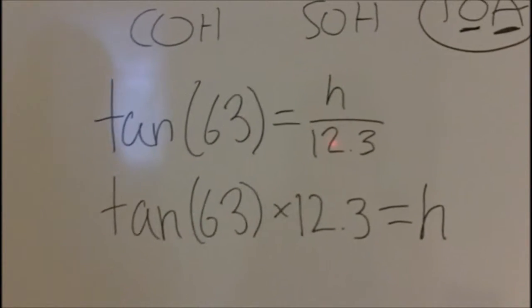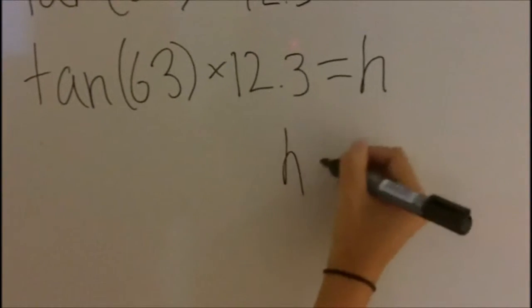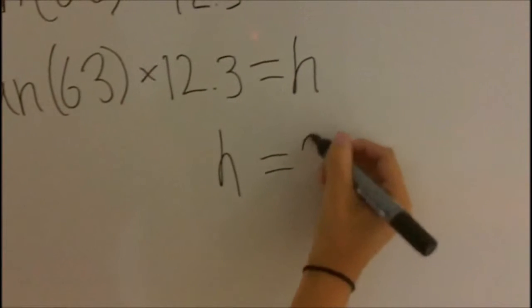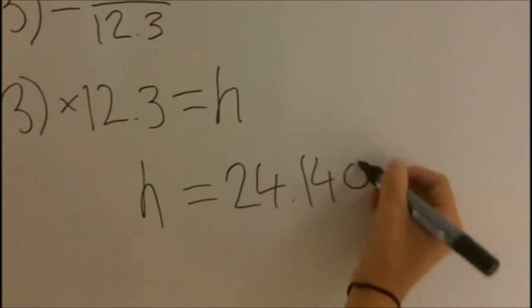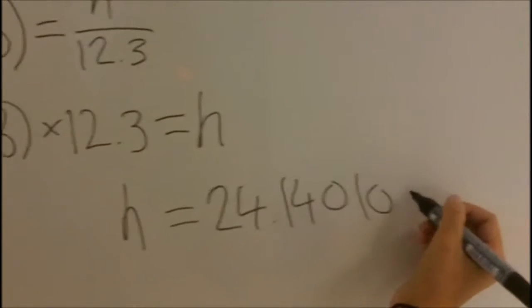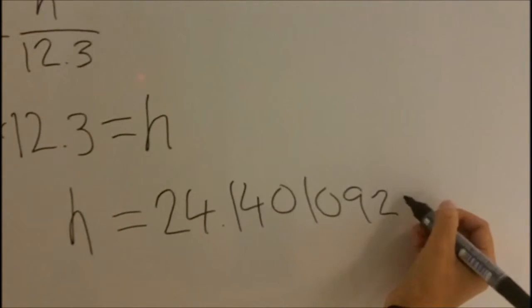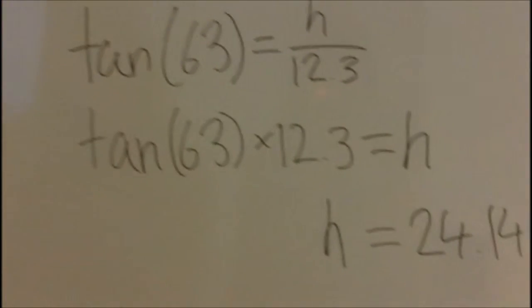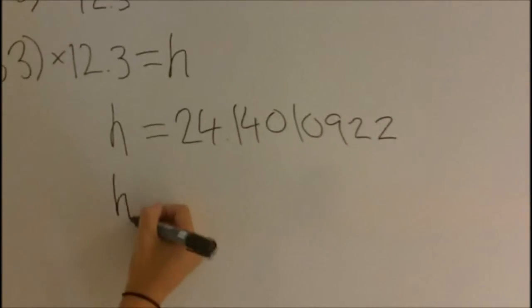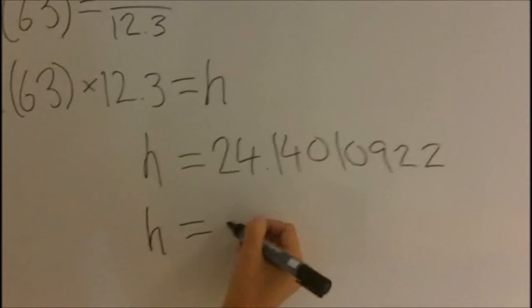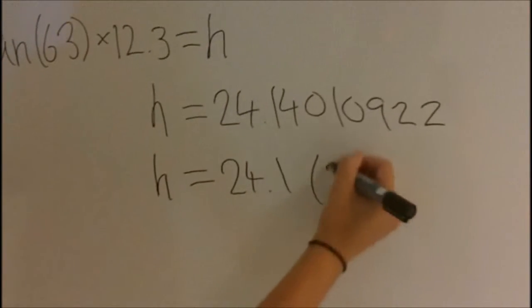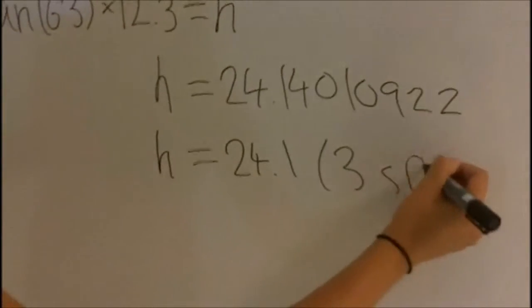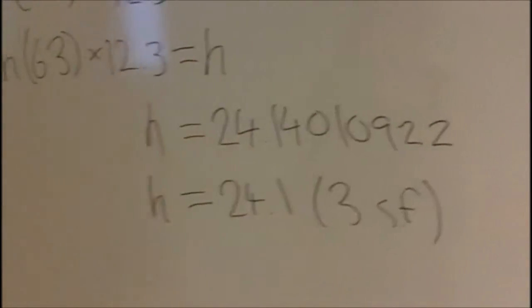And then when you put that into the calculator, it will give you a really long number. So, to make our lives easier, let's put that into 3 significant figures. It would be 24.1. So that is part A.